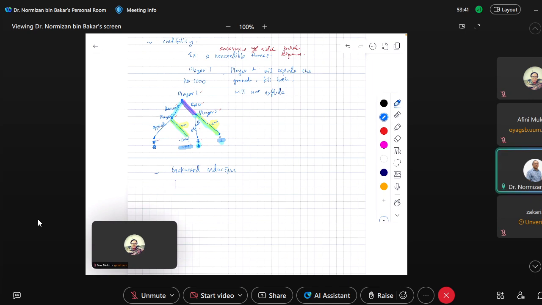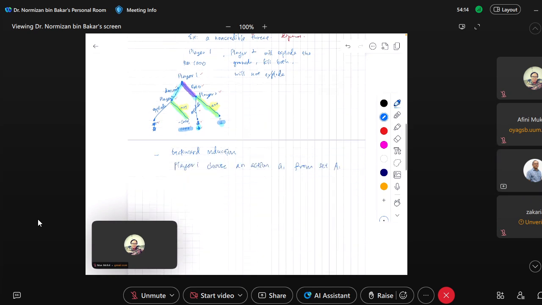Okay. So let's say P1, player 1, chooses an action. Let's say the action is A1 from the set of A1. So there are a lot of actions or strategies in A1. We call it the set of A1.